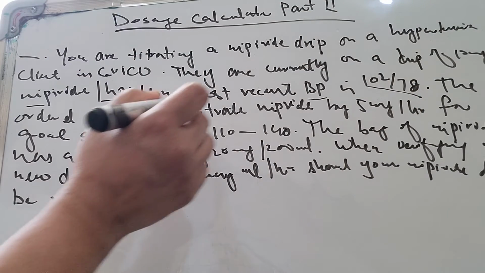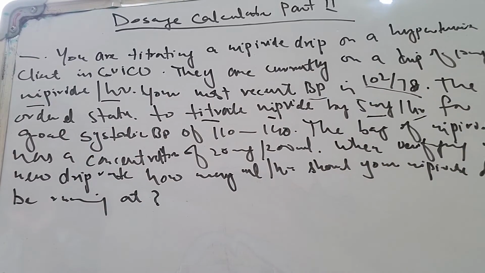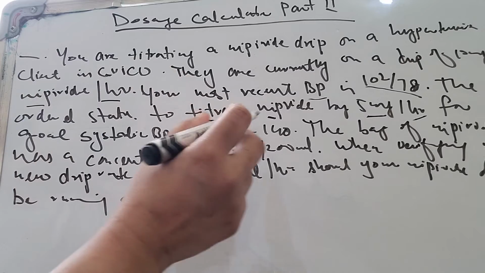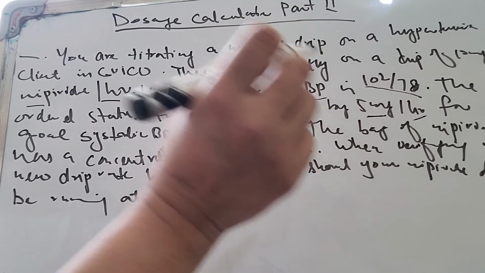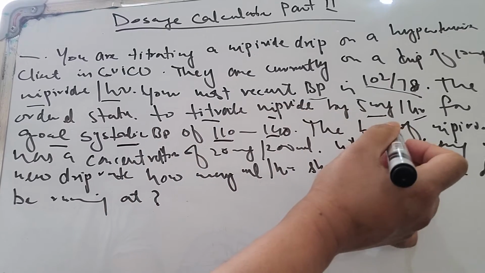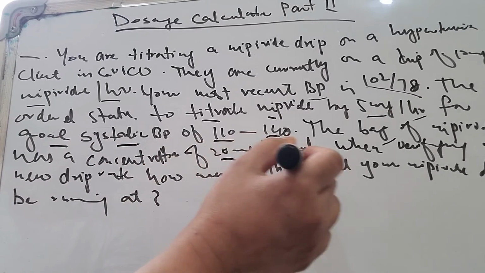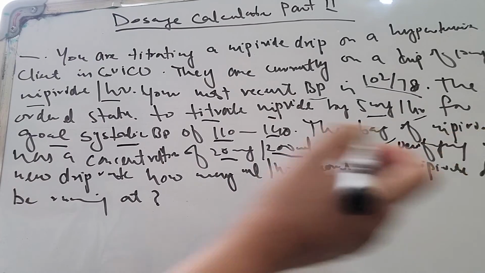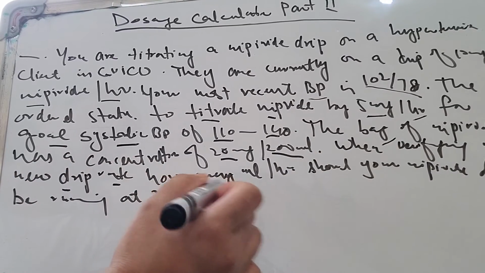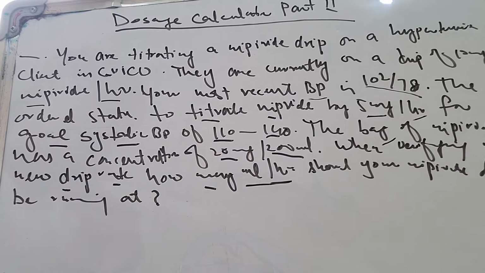The order states to titrate nipiride by 5 milligram per hour. The bag the nurse receives has a concentration of 20 milligram per 200 ml. When verifying your new drip rate, how many ml per hour should your nipiride drip be running at?